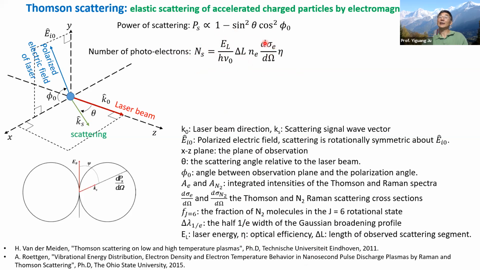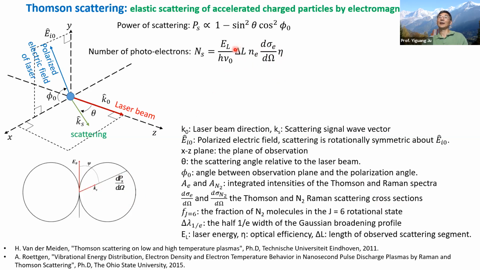And more importantly, the Thomson scattering cross section, d sigma e over d omega, is defined here.